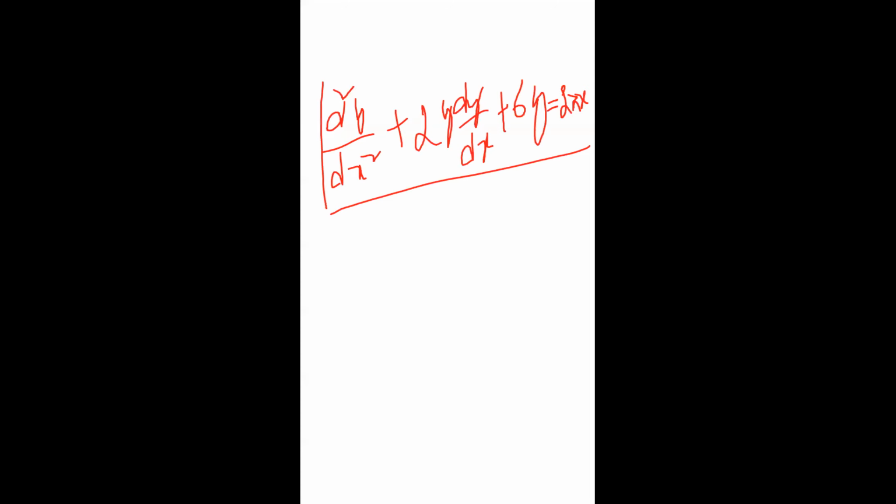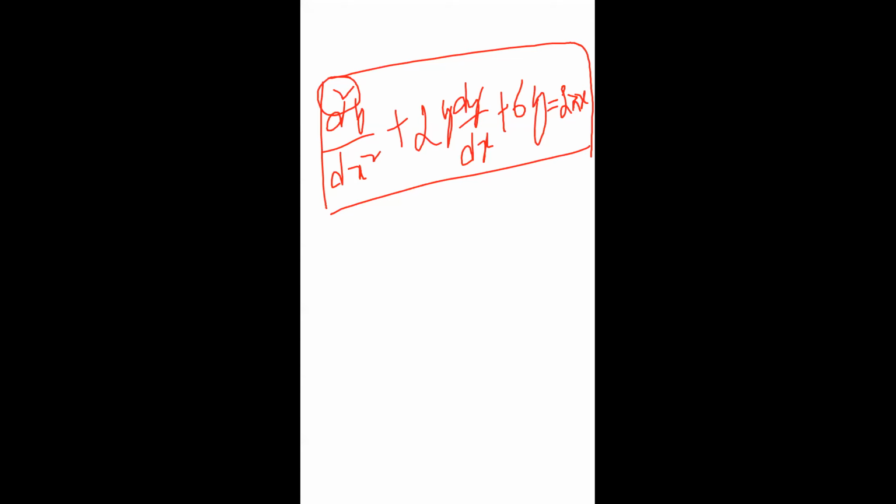This linear differential equation is called higher order because the highest derivative is of order 2. Here 2 is the degree of the differential equation. So we have to apply the higher order differential equation method.